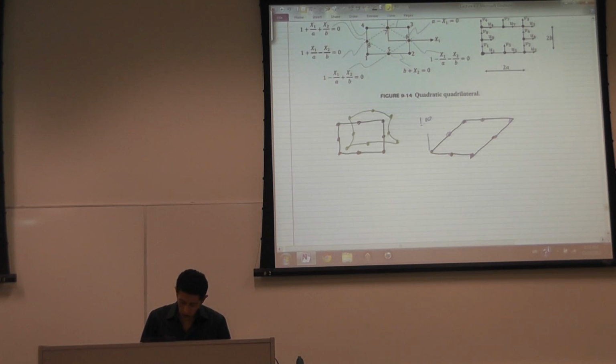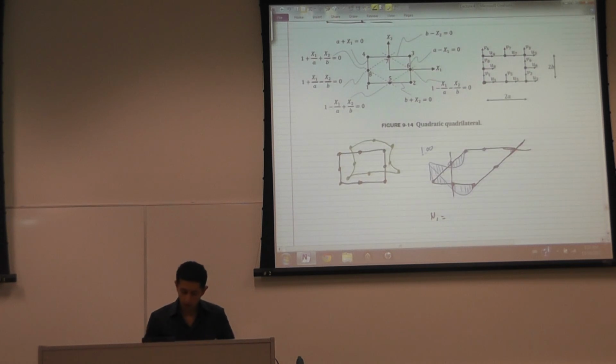And so this is the function N1. It will be equal to this line, multiplied by this line, multiplied by this line. And the equations are, this line is B minus x2.